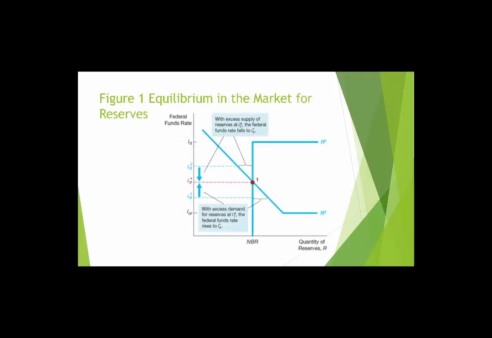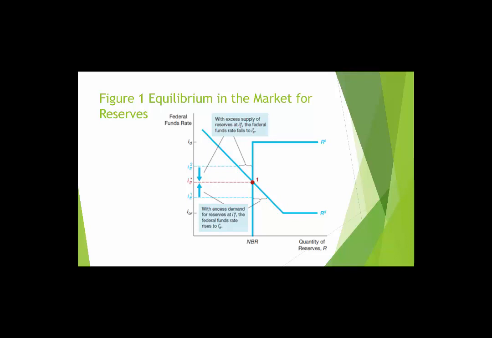So in other words, it's going to look something like this. The demand for reserves is this downward sloping blue line here. And when it gets to IOR, it's going to be horizontal.